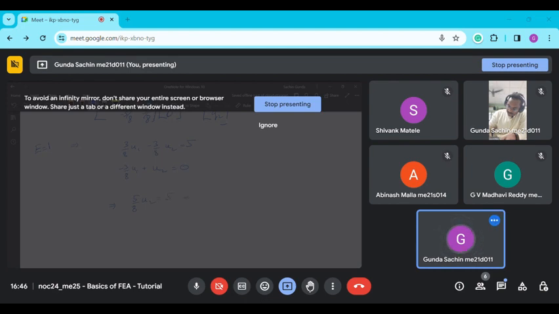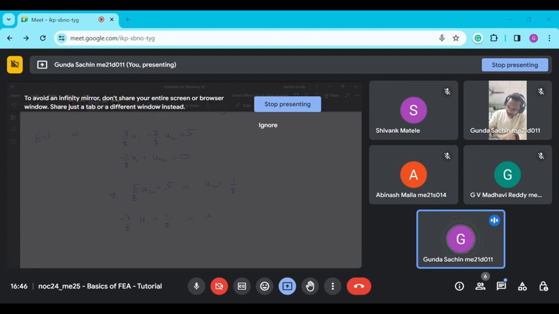Two equations and two unknowns. You can just add them. 1 minus 3 by 8 is 5 by 8. u2 is equals to 5. u2 is 1 by 8.